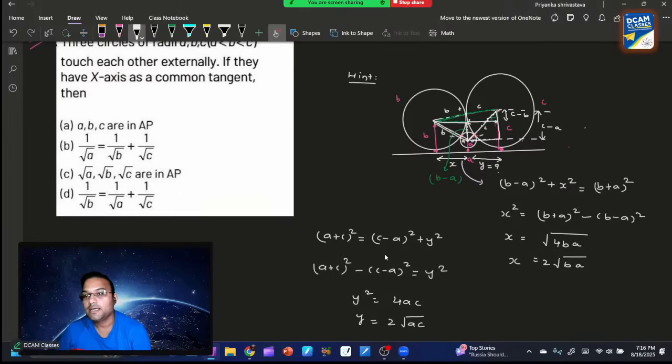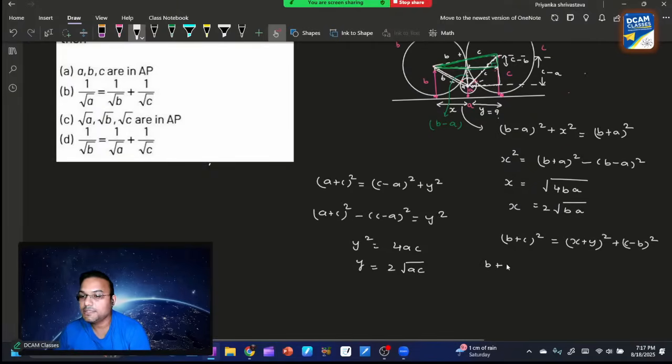Now you are ready. Take that green triangle that I have asked you to take. In the green triangle, you can write B plus C whole square is equal to X plus Y whole square plus C minus B whole square.